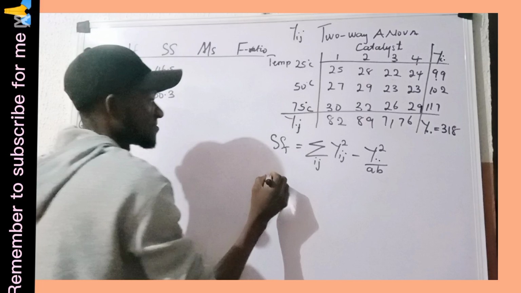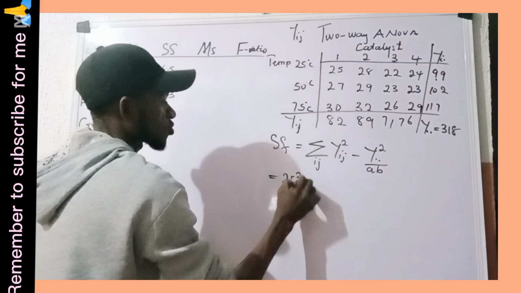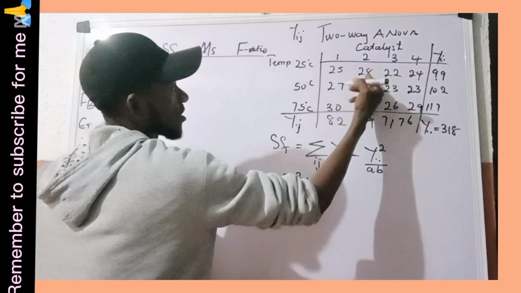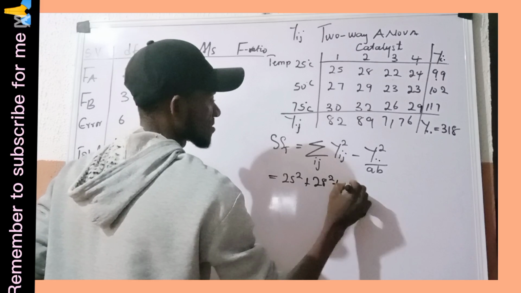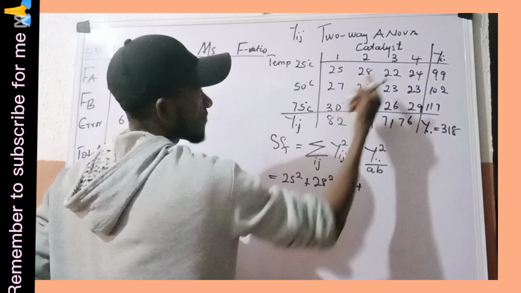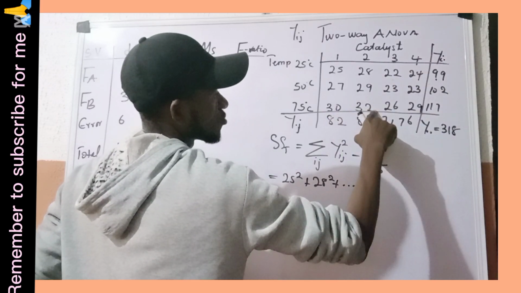So this equals... The first observation is what? 25 all squared. There is nothing like all over here, plus the second observation, 28 all squared, plus dot dot dot plus. It's assumed that this dot dot dot covers from this 22, 24 down to 32.